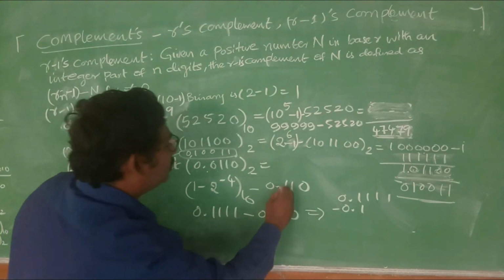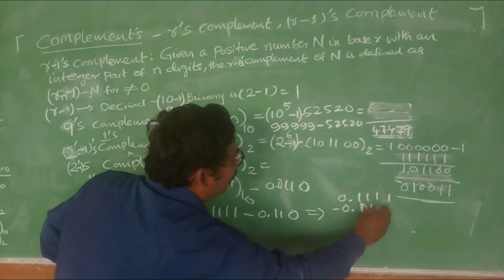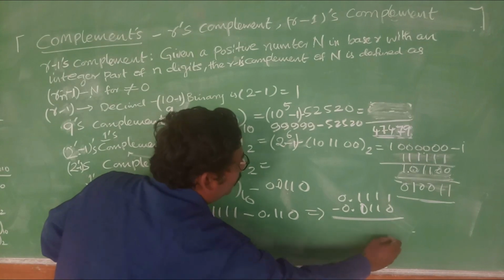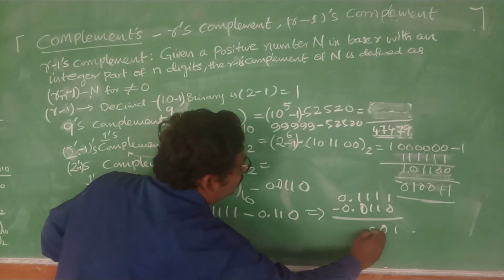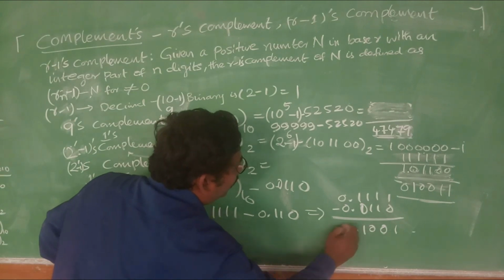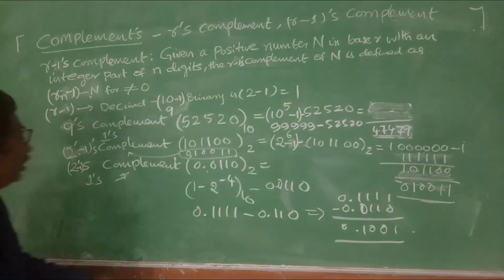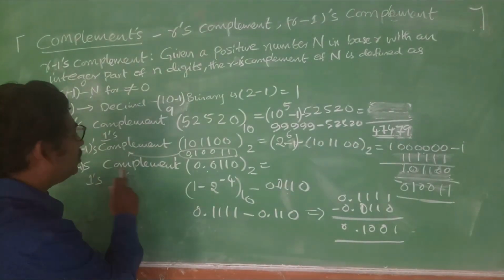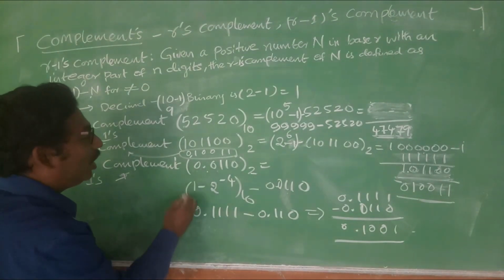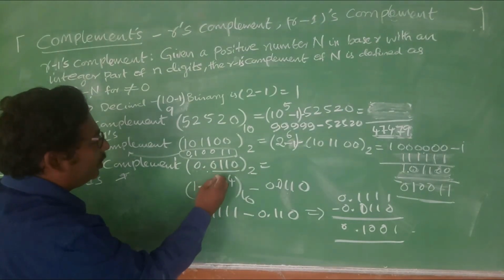So the result is 0.1001. The easiest method is to convert for the ones complement: all the zeros become 1, and ones become 0.